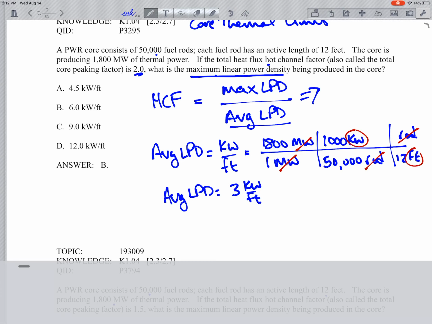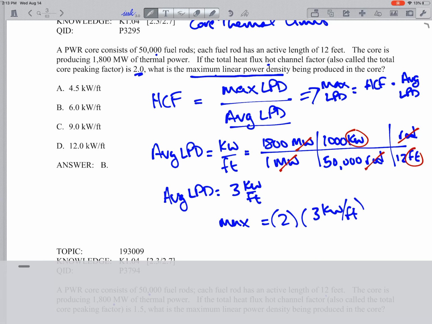Therefore, from this equation, max LPD equals hot channel factor times average LPD. So max is going to be equal to 2 times 3 kilowatts per foot.